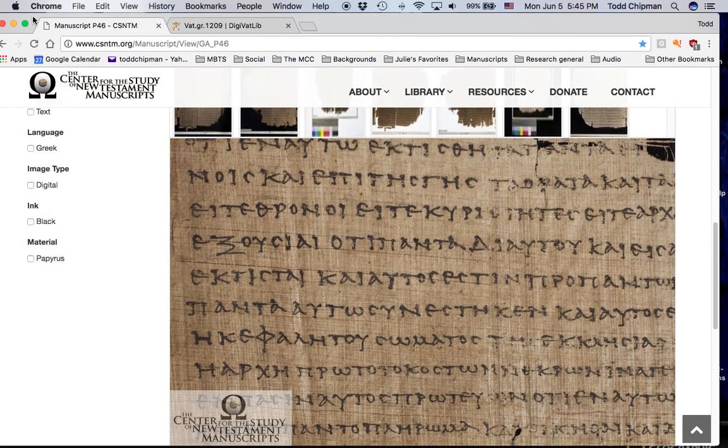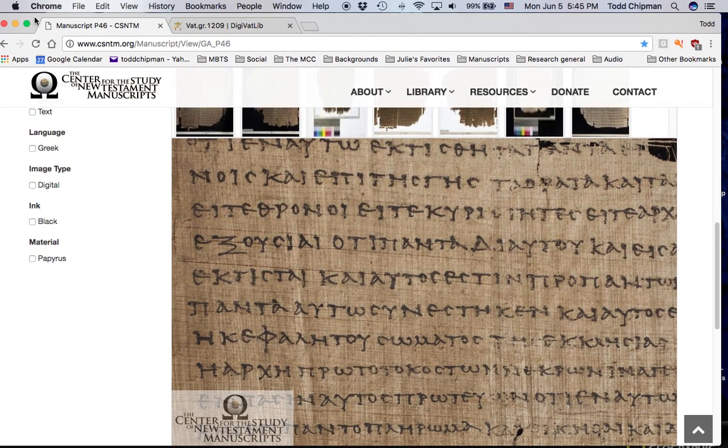Pulling up P46 again from the Center for the Study of New Testament Manuscripts, and P46 resides, these are just photos, in the Chester Beatty collection of papyri, University of Manchester.